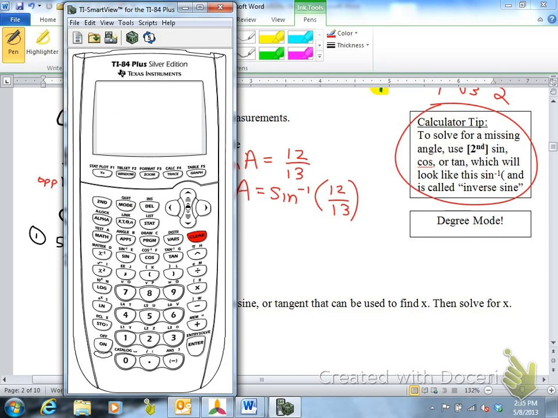You press the second button and then sine, and that will be the inverse of sine. And then 12 divided by 13. The answer that you get is an angle. So the answer you get is 67.4 degrees.